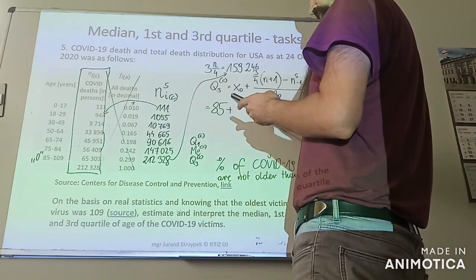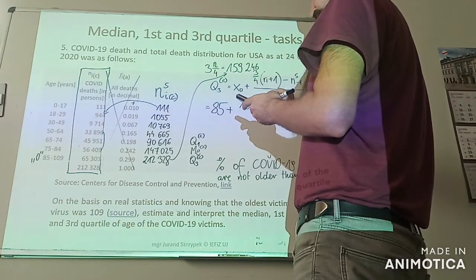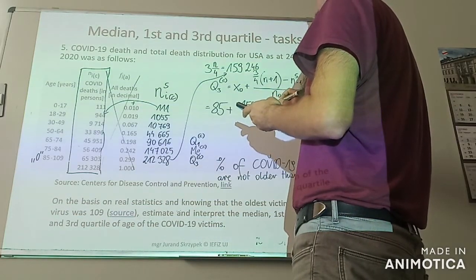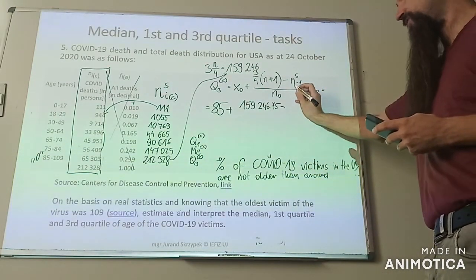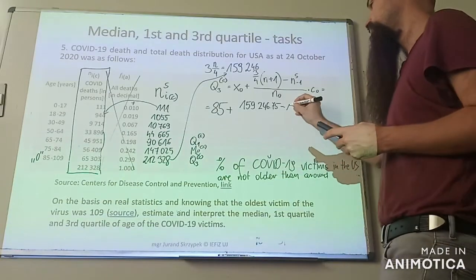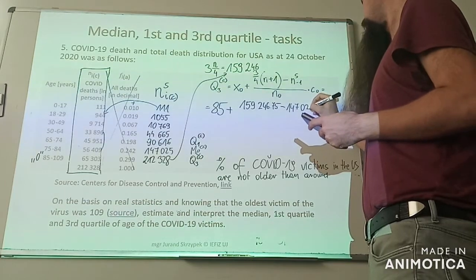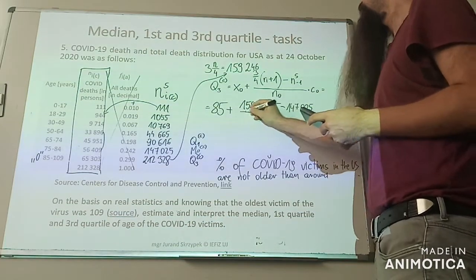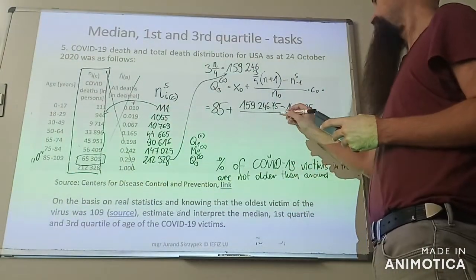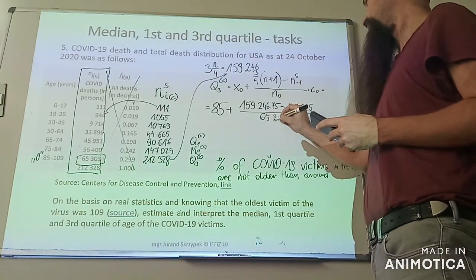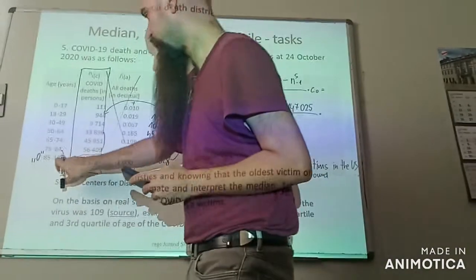The final result is 159,246.75 minus cumulative frequency from the previous class, 147,025, divided by the frequency from that class, 65,303, and multiplied by the range of that class.